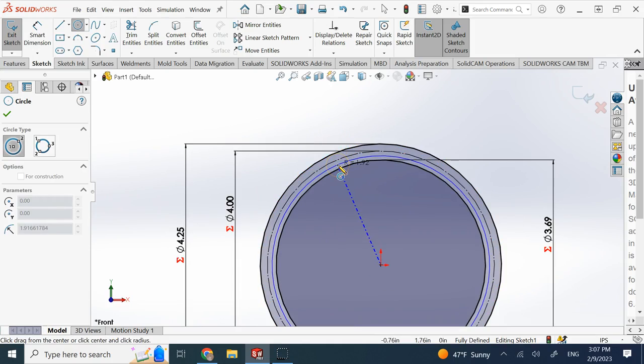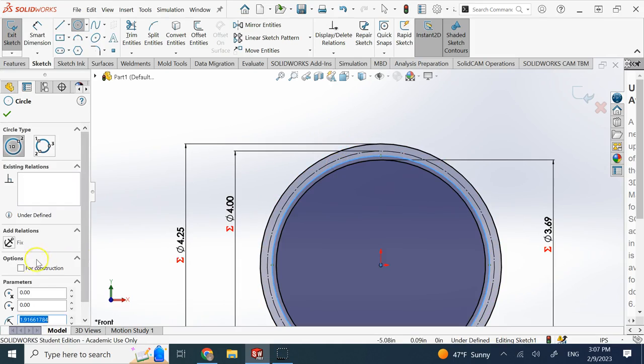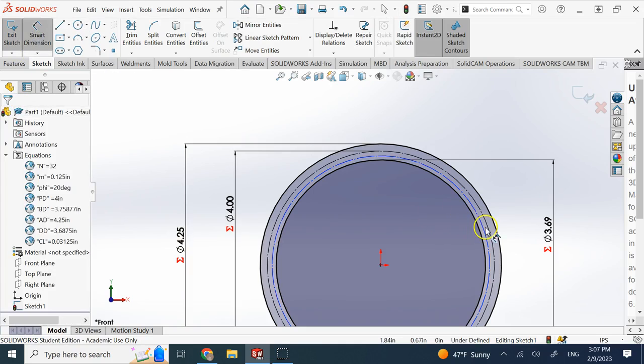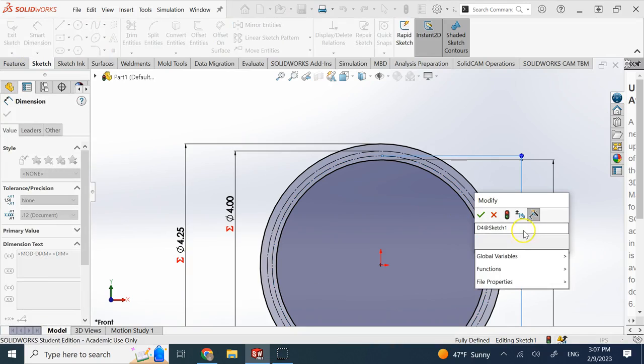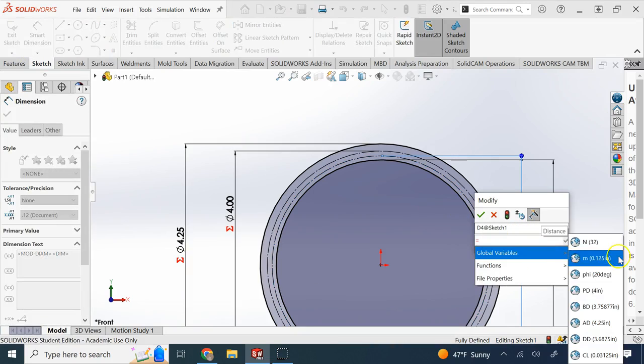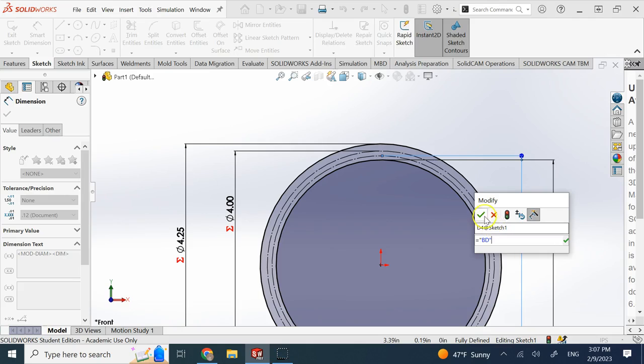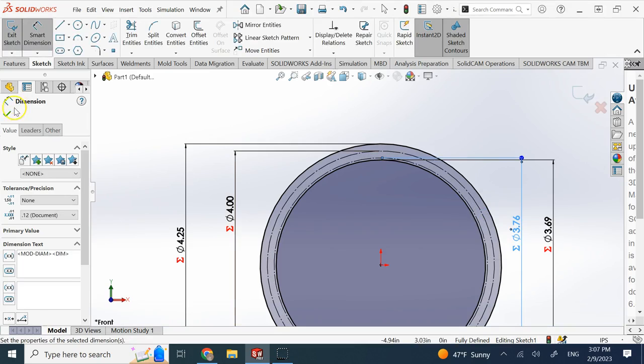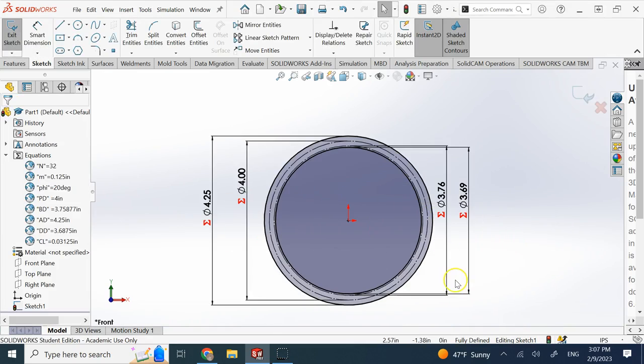It's where the involute curve starts, and this one I also make for construction, and I provide the diameter for this as the base circle. Okay, so this is what I have for the major circles.